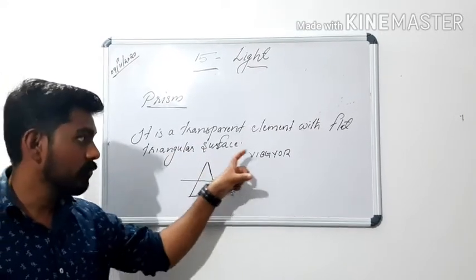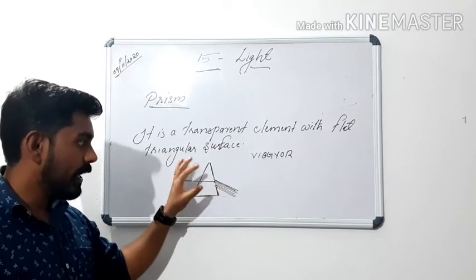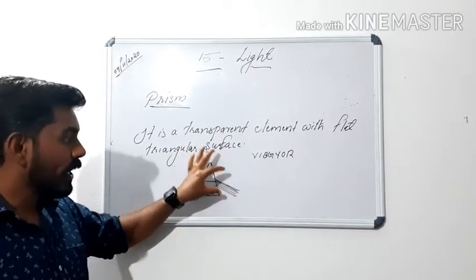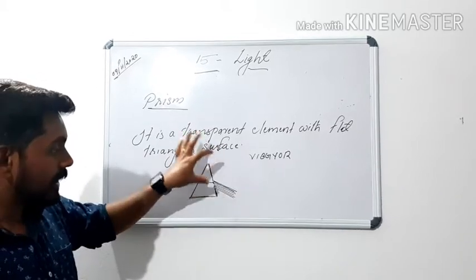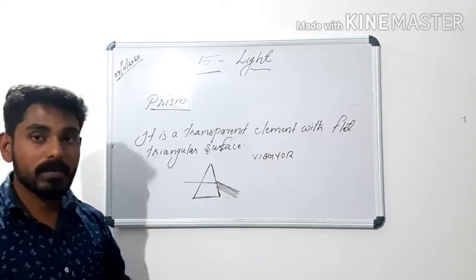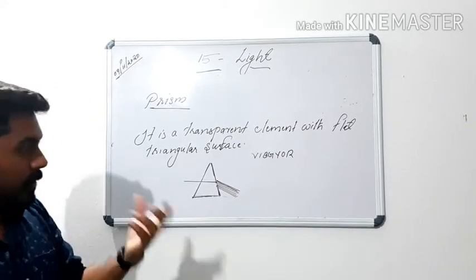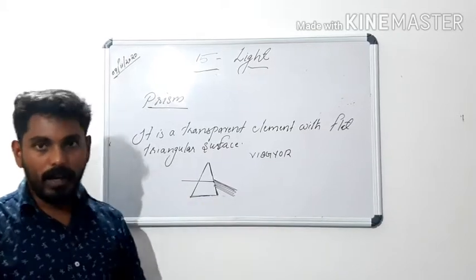What are the 7 colors? VIBGYOR. So the white light passing through the prism is split into its own constituent 7 colors. So this phenomenon is called what? Dispersion. The phenomenon is called dispersion of light.